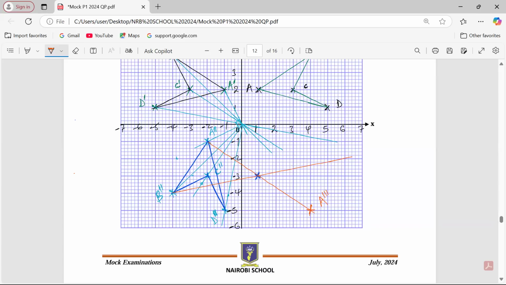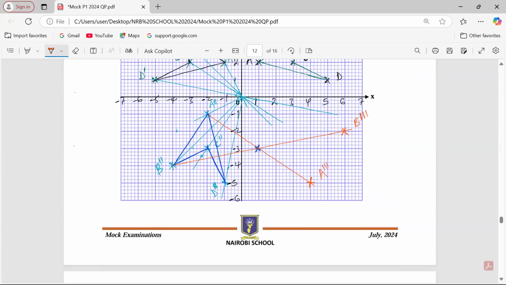I'll find myself at a point here. So this B triple prime. I do the same for C and for D. So I join C and I move to the opposite side, an equal distance. So C is going to be here, C triple prime, that way.